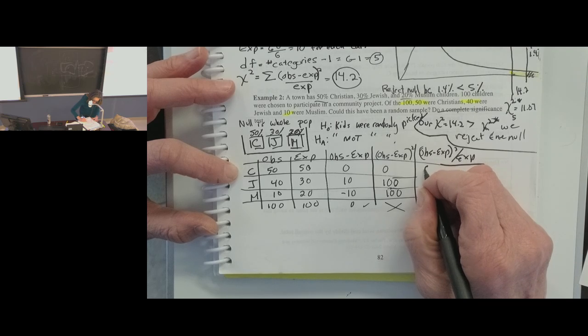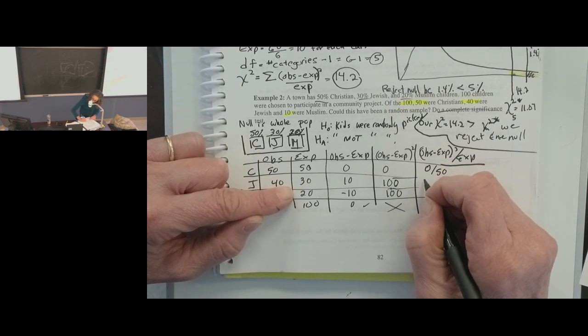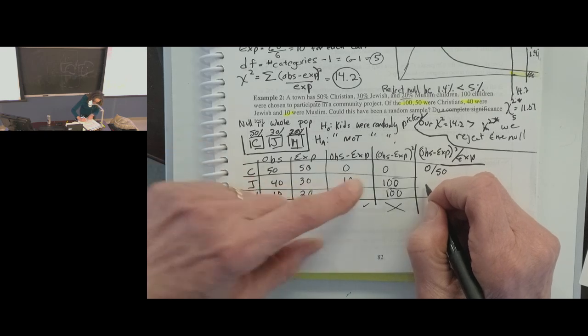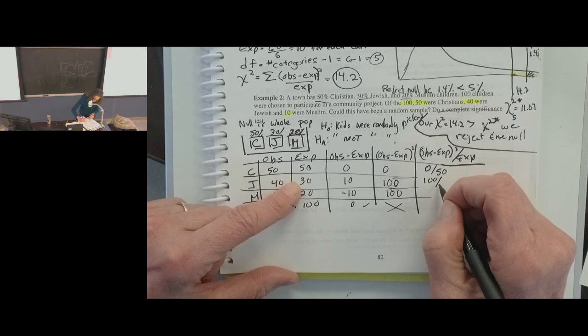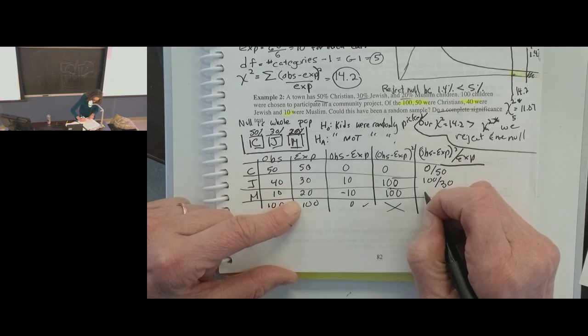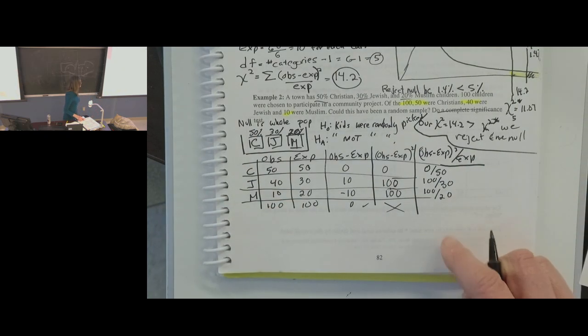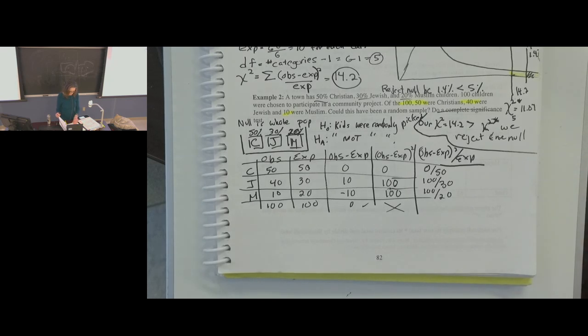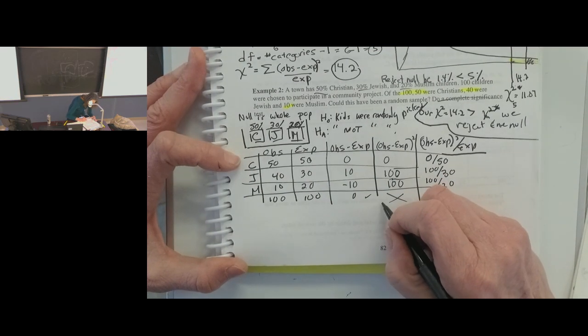So here it's 0 divided by 50. Here you have 100 divided by, what did we expect? 30. And here we have 100 divided by 20. So we can't just sum those because they're different. Okay? I should write that down. Don't sum.